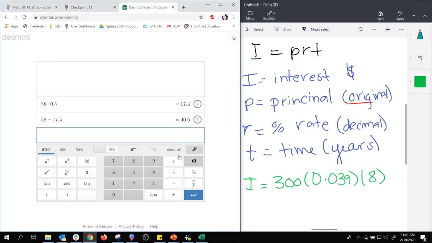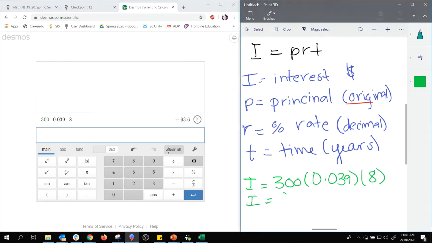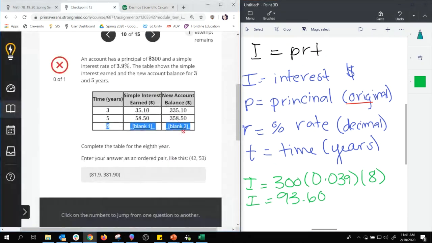Let's type all this into our calculator. 300 times 0.039 times 8. So after 8 years, he earns $93.60 in interest, right? Now to figure out the new balance, which would be blank 2, we need to take that $93.60 and add it to how much he originally deposited in his account.